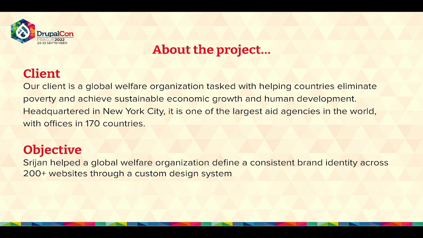Shrijan helped them develop 200 plus websites, right? So they have a website in each country, and basically multiple websites in each country, and the task was to build a custom design system so that every website looks similar, right?